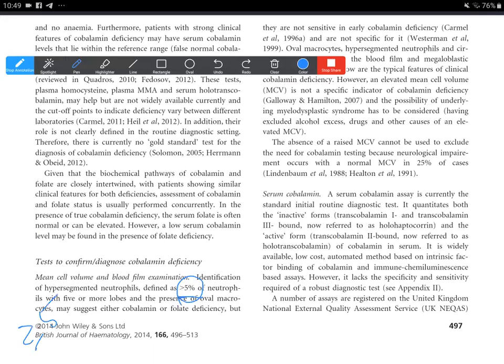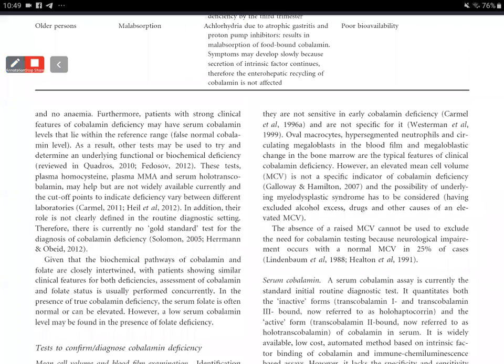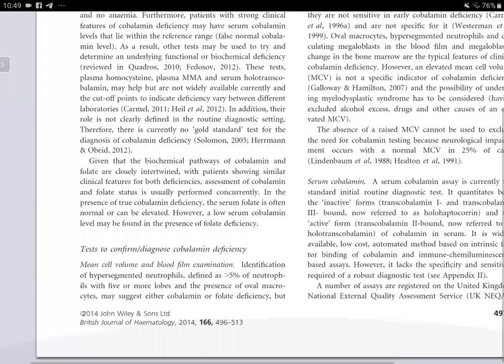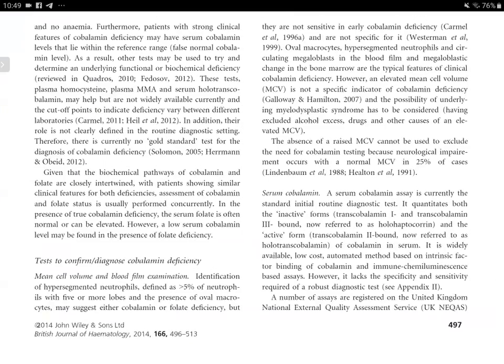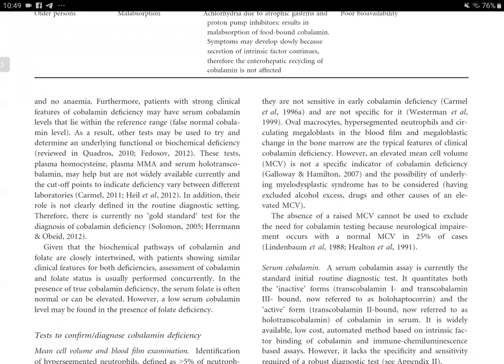This is the classical picture that we consider for megaloblastic anemia. This may suggest either cobalamin or folate deficiency, but it is characteristic for megaloblastic anemia and therefore not very specific for cobalamin. So when we find a picture of hypersegmented neutrophils and oval macrocytes, the diagnosis is most likely megaloblastic anemia, but it may be folate or cobalamin.